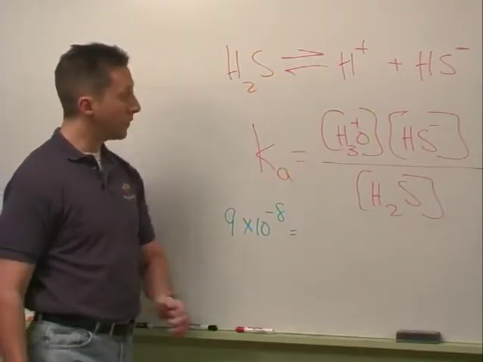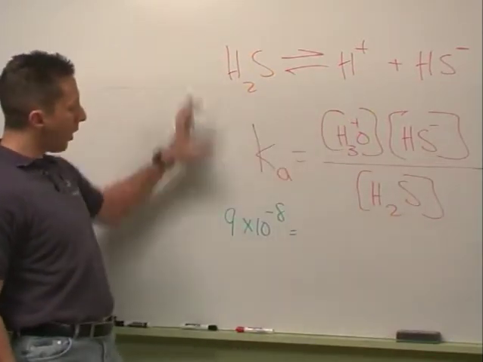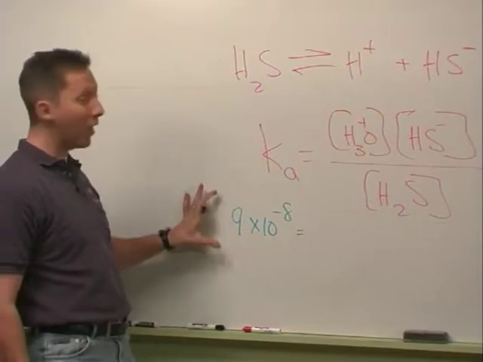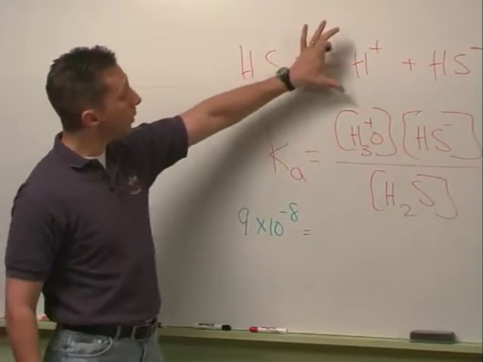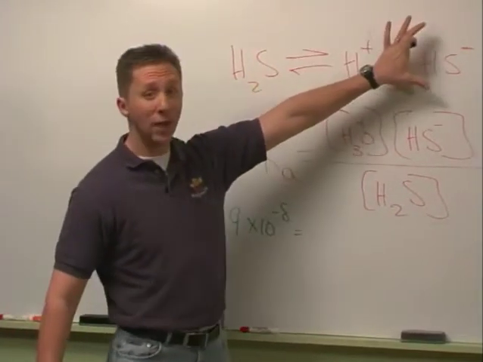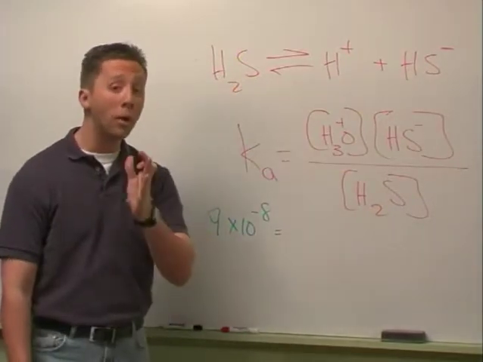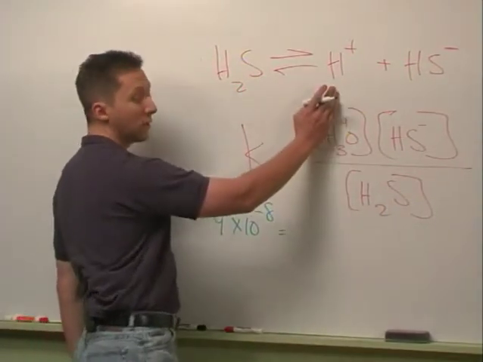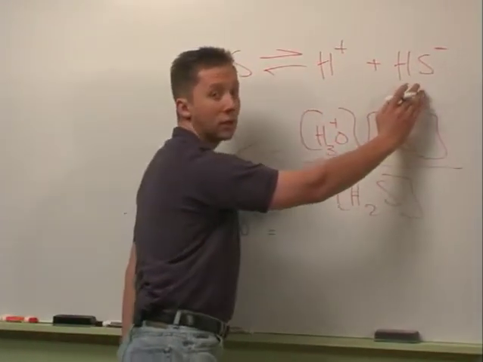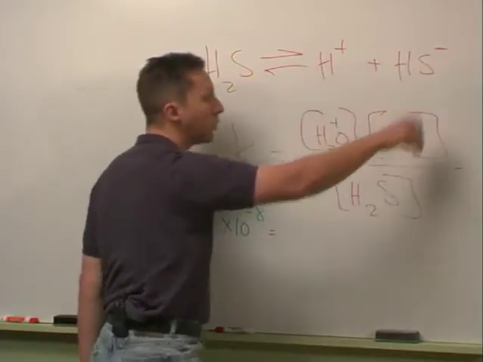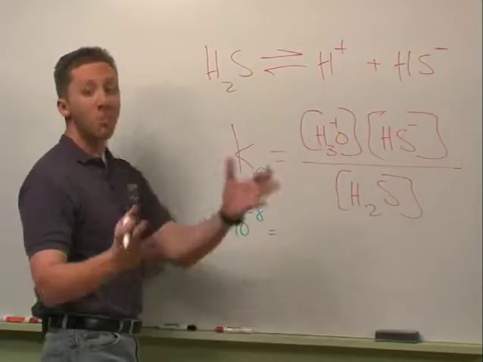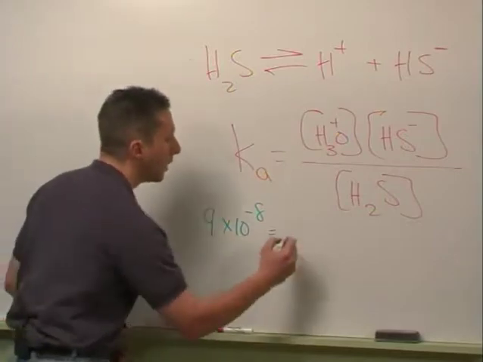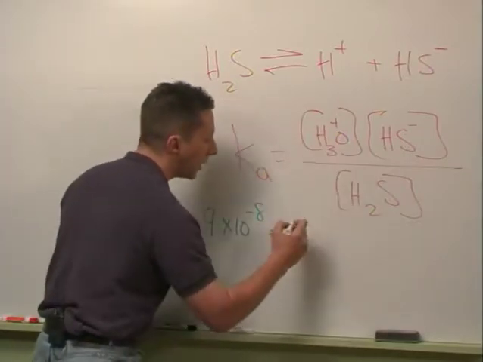Now the thing about this is we don't know. I mean, we should know, and we can tell from this Ka value that this is a weak acid. We don't know exactly how much of this and how much of this is going to be formed, but we do know one thing. For every one of these that we get, we're also going to get one of these. In other words, we don't know what it is. We can set it equal to a variable. My favorite variable happens to be x. Let's set each one of these things equal to x.